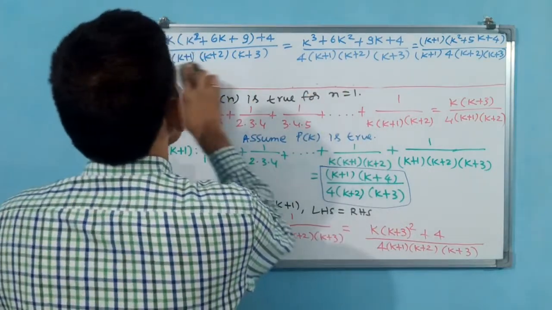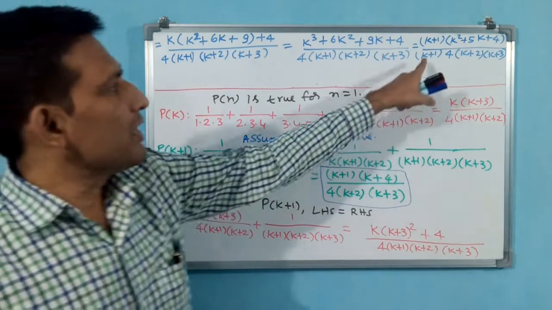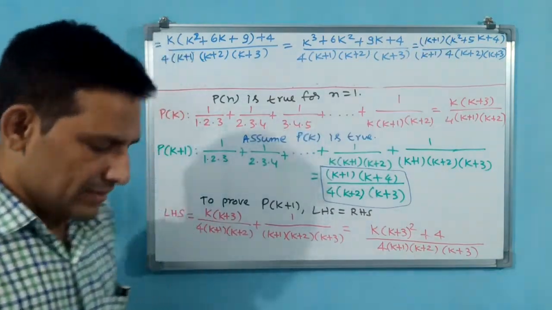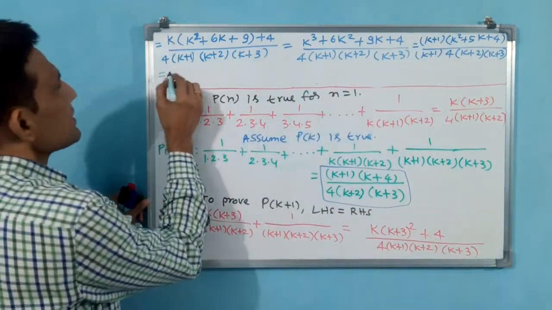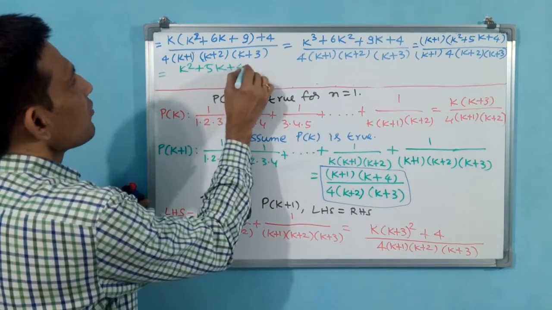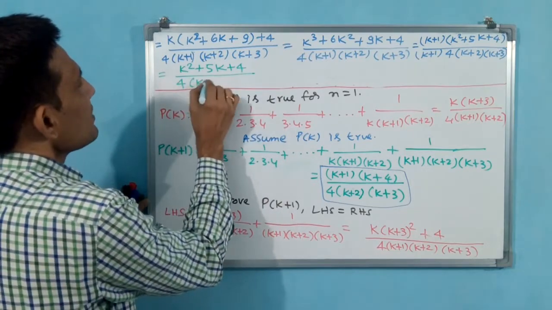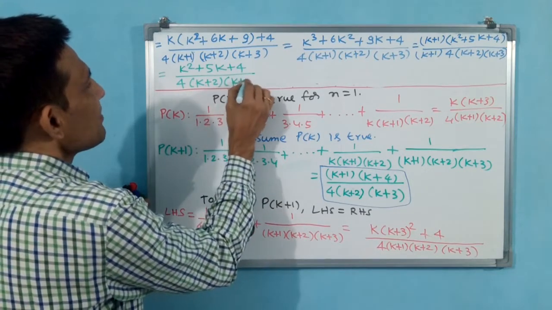Okay. Now we are at finishing. Now you see k plus 1 gets cancelled. Then you write again. What is there? That is equal to k square plus 5k plus 4 divided by 4 into k plus 2 into k plus 3.